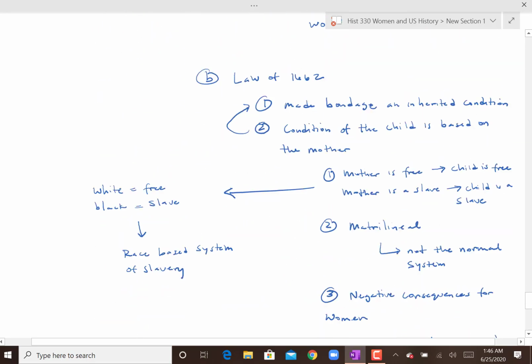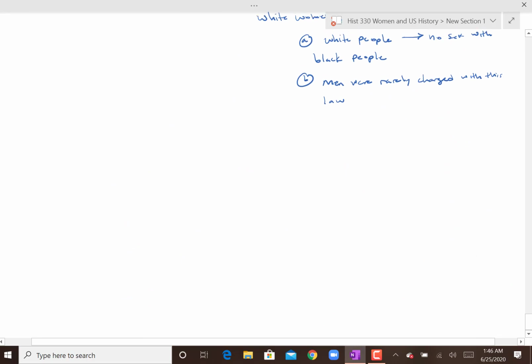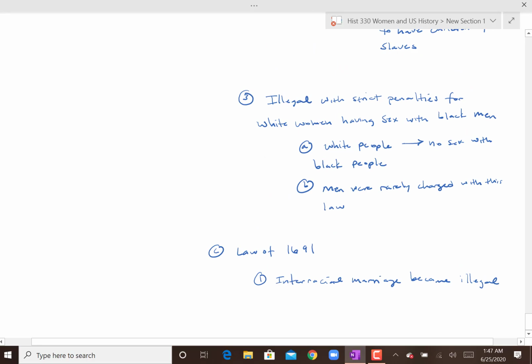Right, so if we could put C here: Law of 1691, they move forward with it being more specific. So interracial marriage became illegal. That's certainly the continuation of laws separating races.